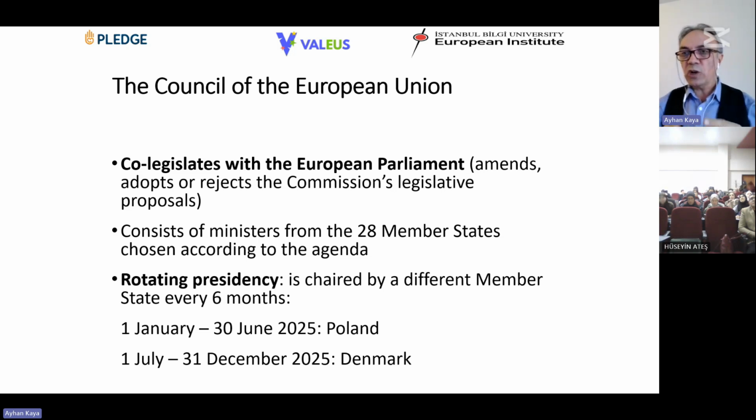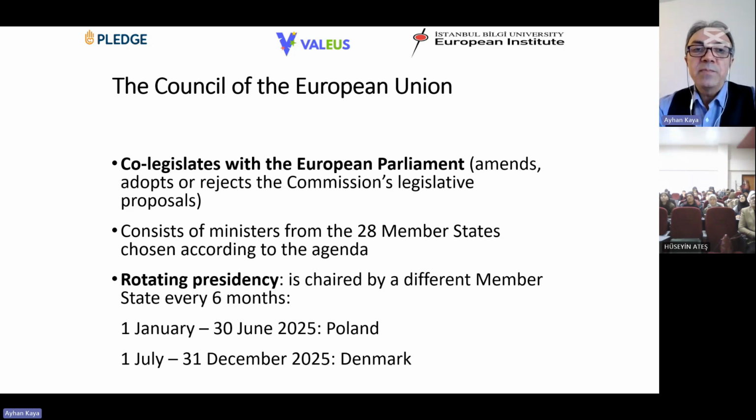For instance, if you will talk about a very important European foreign security issue, then the foreign affairs ministers of each member state get together. Or if you will talk about an agricultural matter that relates to the entire European Union, then the ministers of agriculture of 27 member states get together. So the Council of the European Union is composed of so many different ministers based on the topic that is being discussed.